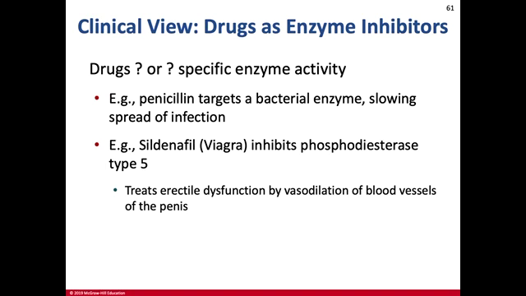Well, in Viagra, what happens is that the phosphodiesterase that breaks down cyclic AMP is inhibited. The cyclic AMP hangs around longer in the smooth muscle around the blood vessels that, when they dilate, bring more blood into the penis, and the result is that the penis stays erect for a longer period of time, okay?